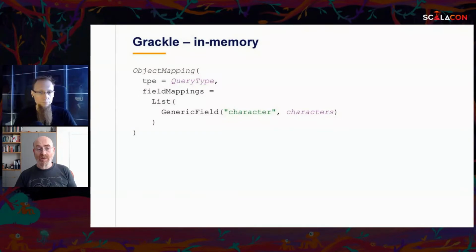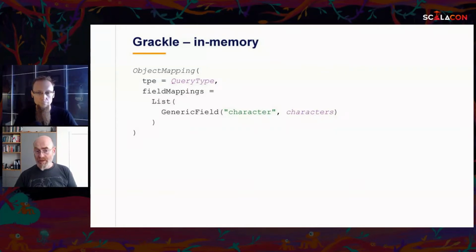We need to have some additional information which relates the GraphQL schema to the underlying data. And in Grackle, this is done by way of mappings. Mappings specify GraphQL query types and their fields, and they tell Grackle how to interpret fields relative to the model.